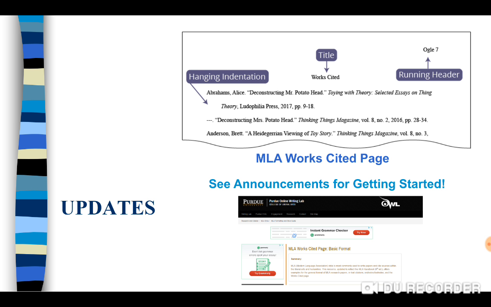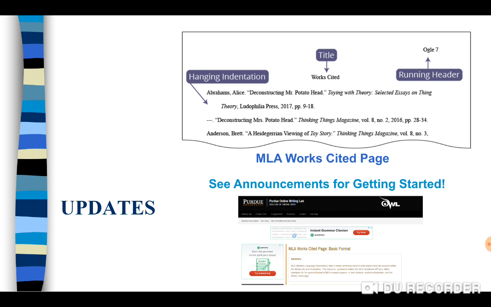Then the only thing you're responsible for at this point is any text that you use that you found on your own. Please make sure your entries are correct and that you add them in and that they're all in alphabetical order. Please go to the Purdue OWL to read about all the instructions and nuances of doing a correct Works Cited page.